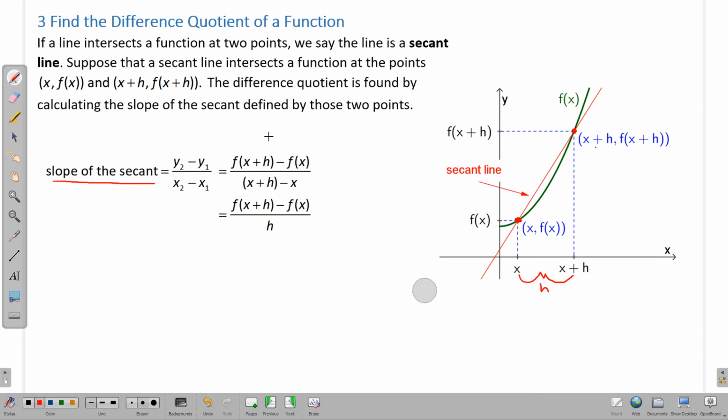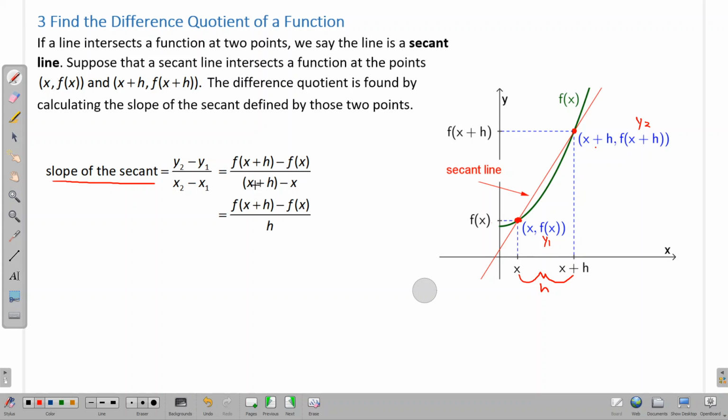If we have their coordinates, we can simply go back to the slope formula, do the difference in the y values divided by the difference in the x values. So if we take this to be y2 and this to be y1, then the numerator is just f of x plus h minus f of x, this minus this. The denominator would be this expression minus the x, so x plus h minus x.